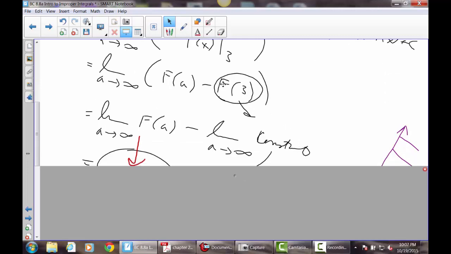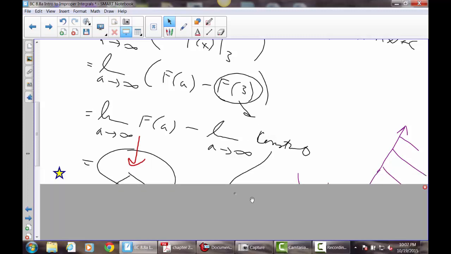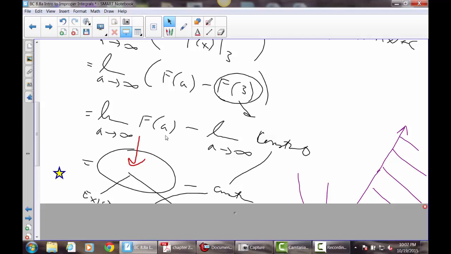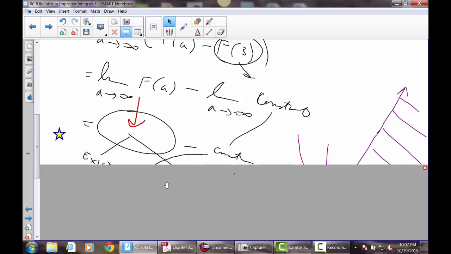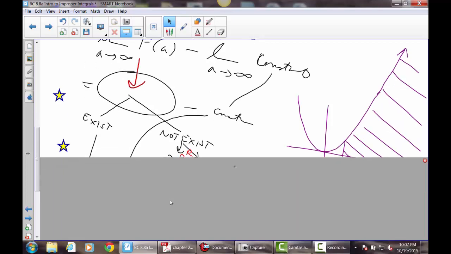Now keep in mind that no matter what the function F is, if you replace all the x's by 3's, you're going to get a constant. So the limit as a goes to infinity of a constant, that's just a horizontal line, so that's just going to be whatever that constant is. But this other one, because it's a limit, might exist or it might not exist.